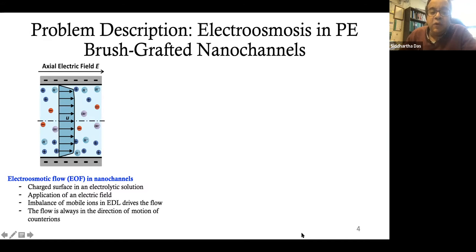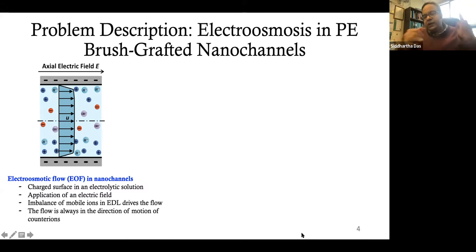Typically, if it's a negatively charged wall of the nanochannel, the number of plus ions, also called the counter ions in this case, would be more. As a result, when we apply an electric field, there is more motion of plus ions within the double layer. That in turn draws the water molecules with them, and we get this kind of a plug-like profile known as the electroosmotic flow.